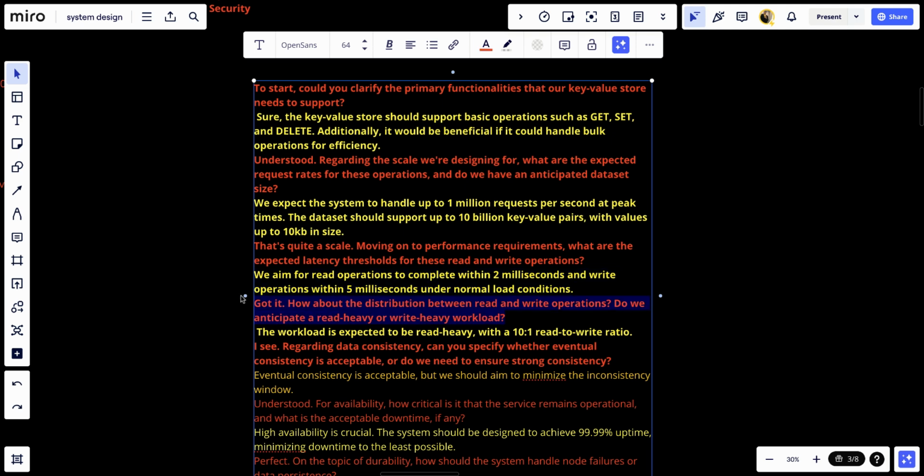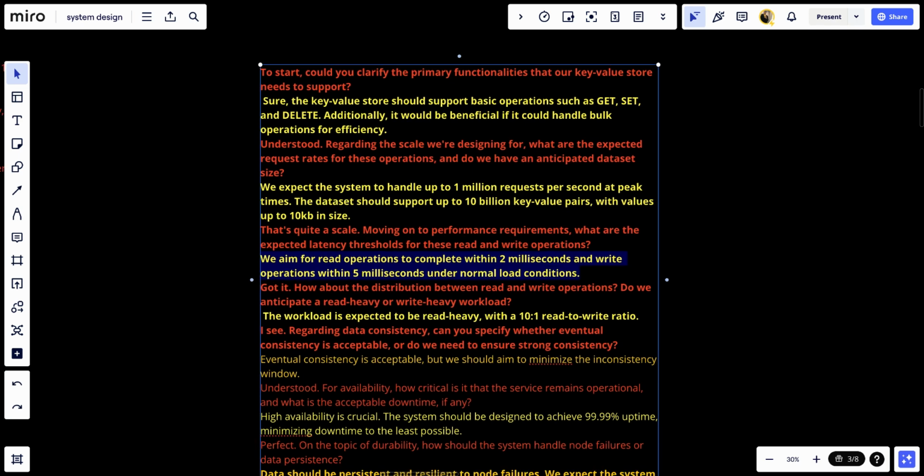I will ask the other question. I will say, got it. How about the distribution between read and write operations? Do we anticipate a read heavy or write heavy workload? I guess this question is useless because from the previous answer we know that it's a read heavy system.